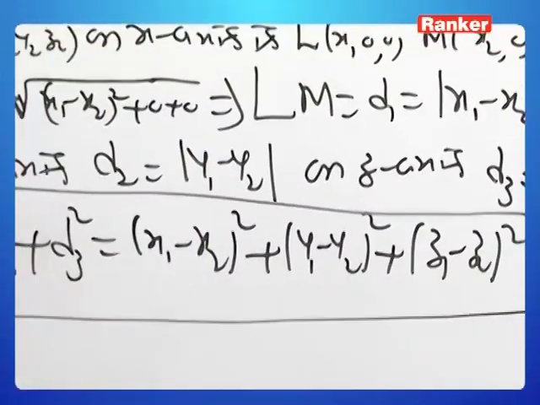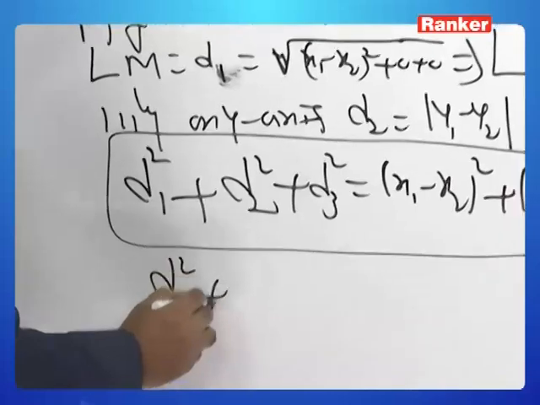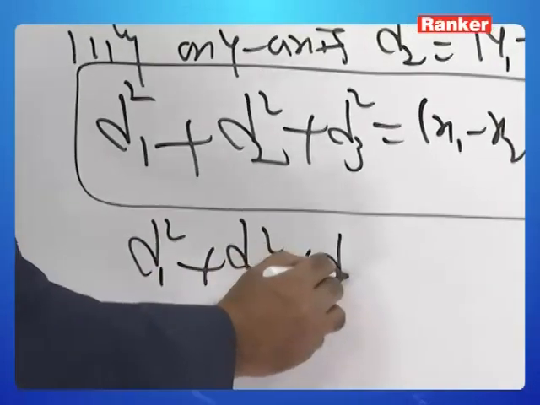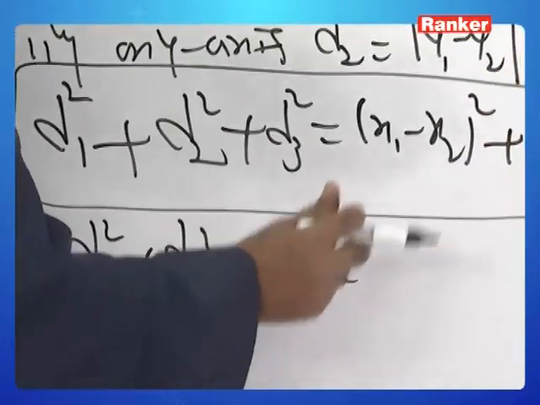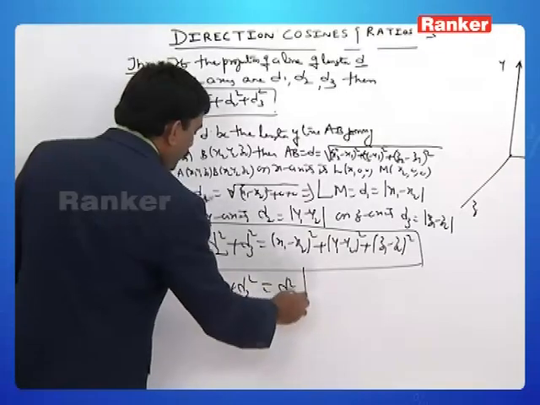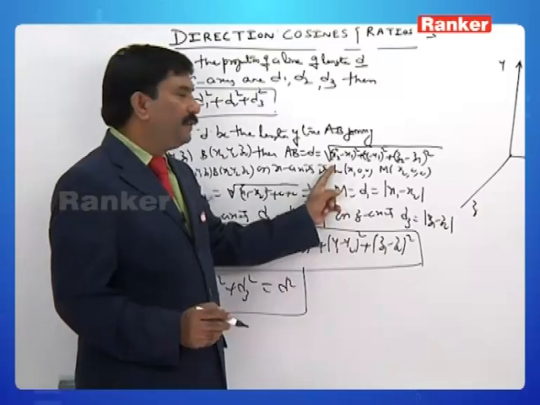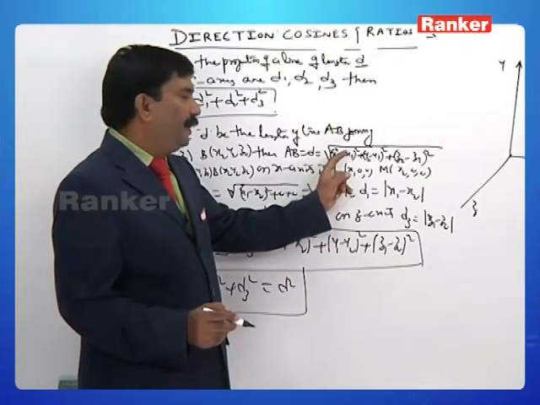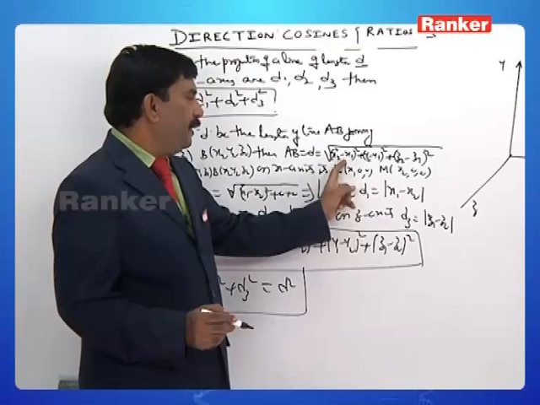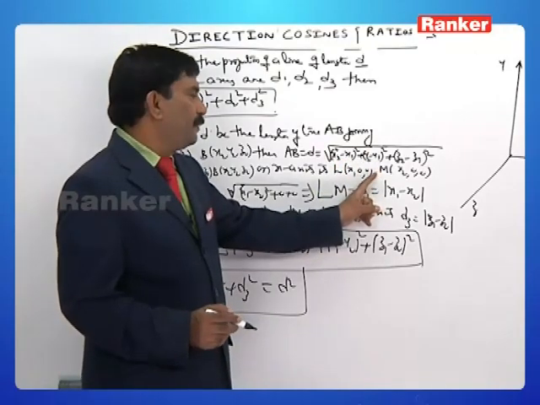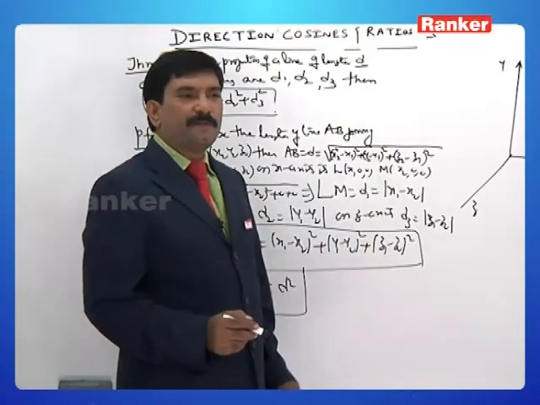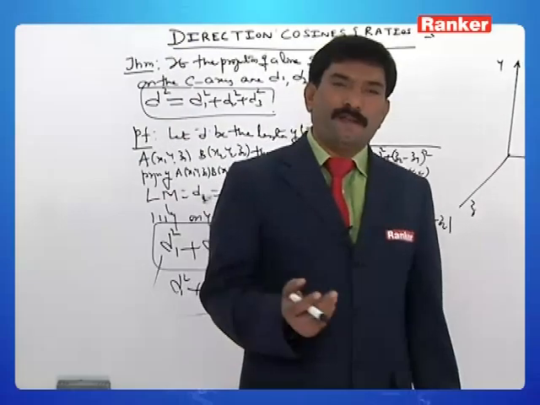Followed? So this is nothing but d1 square, d2 square, d3 square. This is nothing but d square. Why? Because what is d? d is nothing but the square root of x2 minus x1 whole square plus y2 minus y1 whole square plus z2 minus z1 whole square. Followed?